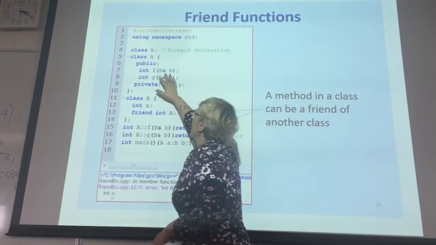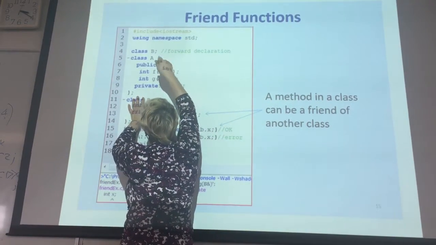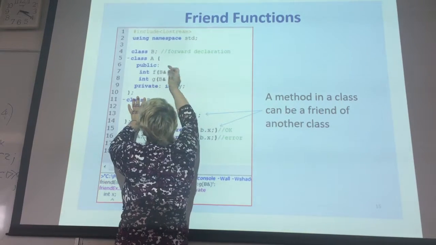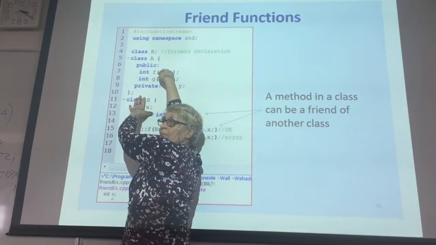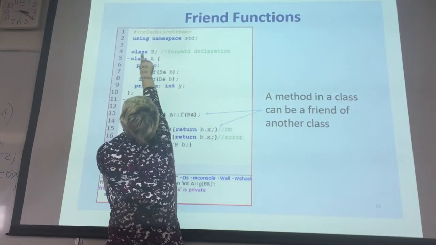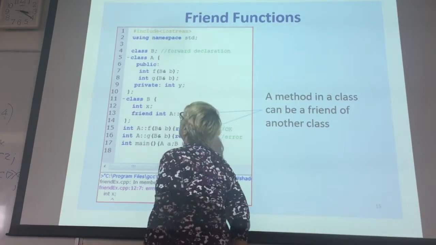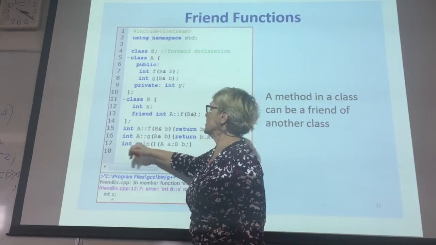Because F uses a parameter of type B, the compiler has to know what B is here. But we define B after class A, so the way to solve this problem is just to name the class and then do the implementation later.